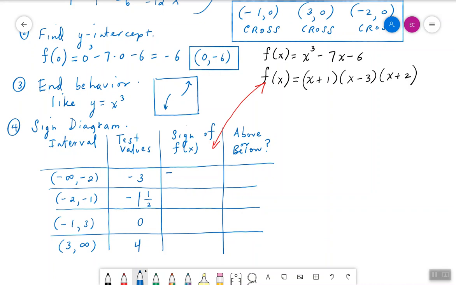Multiplied by negative 3 minus 3 is another negative. Multiplied by negative 3 plus 2 is another negative. And so then that gives us a negative. Here, maybe it's nice to just go ahead and write out neg for negative. And of course, if the y values are negative, then we're below the x-axis.